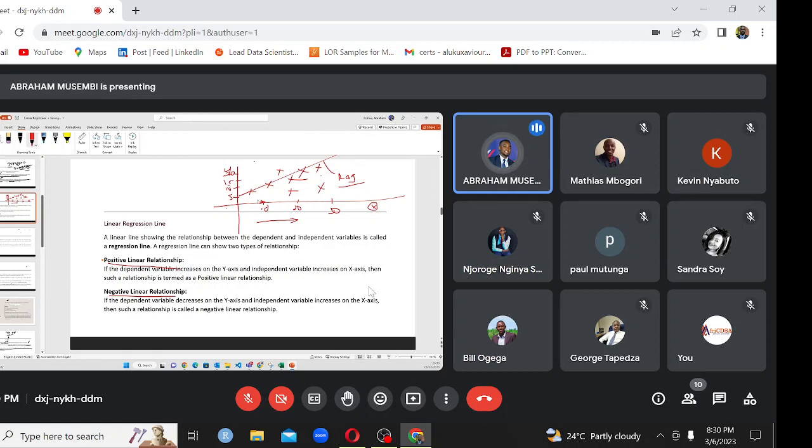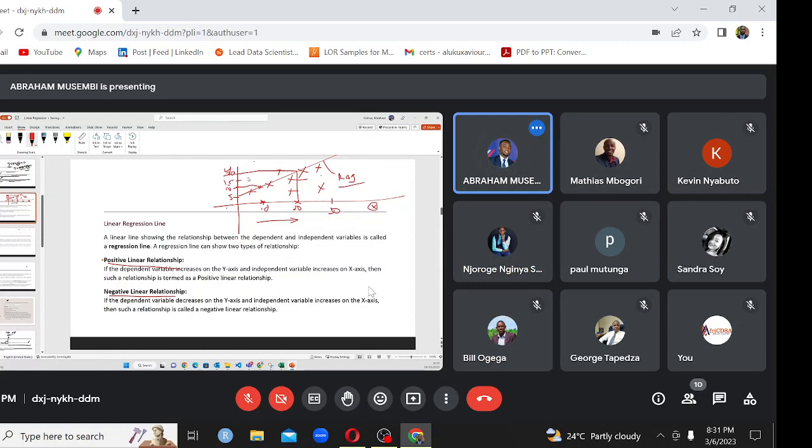For example, the value of y when x is 10, we can just assume it is also 10. Then when we increase x from 10 to 20, you can see y will be a higher value, maybe 20.